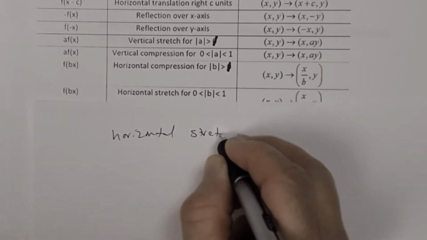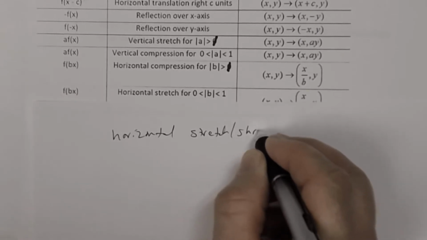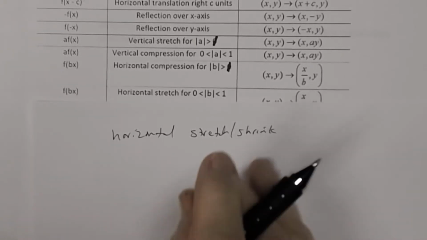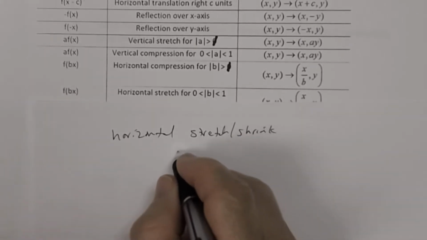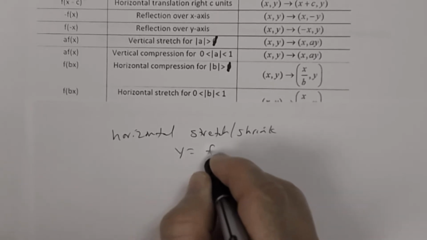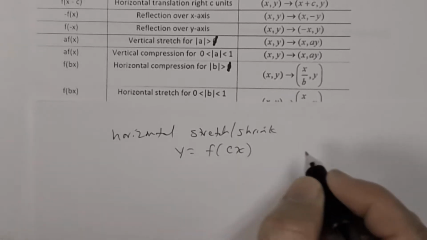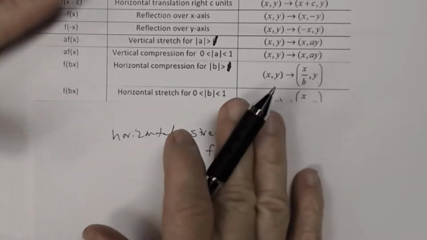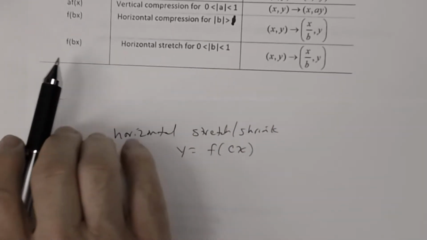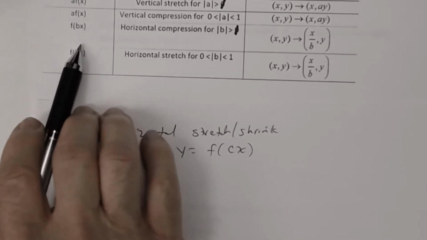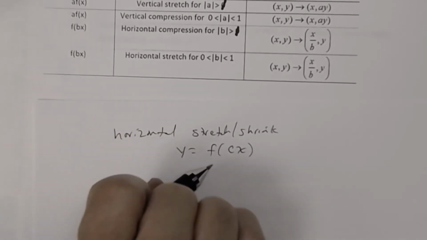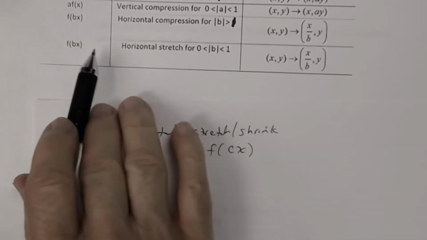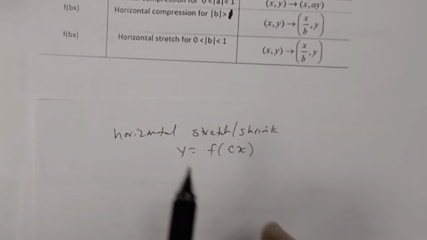Horizontal stretch or shrink is where we have the situation y equals f of c times x. If you go back to your lessons, we use c. Here they use b as the letter, but remember, it's the same thing.